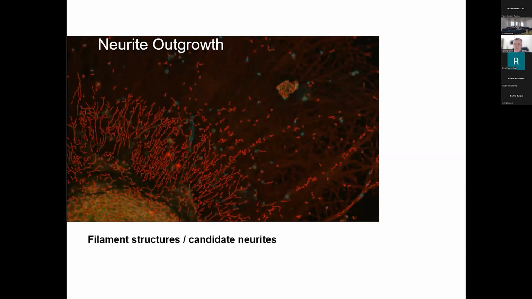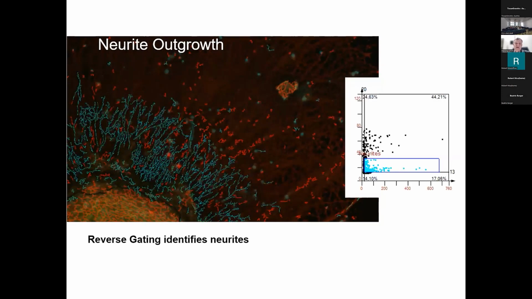We can quantify the number and the length of these neurites. And then with the neurites that we have identified, we can do backgating, define a gate, and see what is inside of this gate. So beside the staining, it also shows you the size of these neurites.